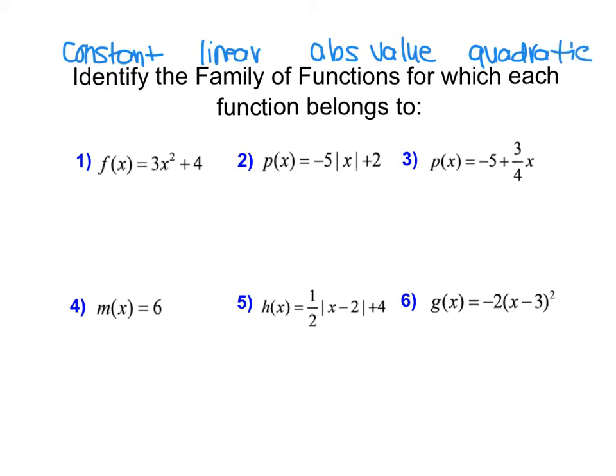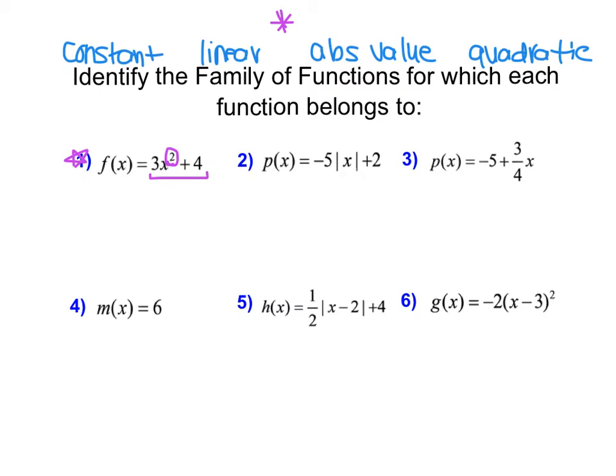So if we take a look here at number 1, what I notice in number 1 is I have my function, it's called f, and the equation part over here says 3x squared plus 4. So what I'm looking for in this equation is I'm looking for some context clues that look like one of the equations for the parent functions. And what I notice here in question number 1 is that this x value has a squared.